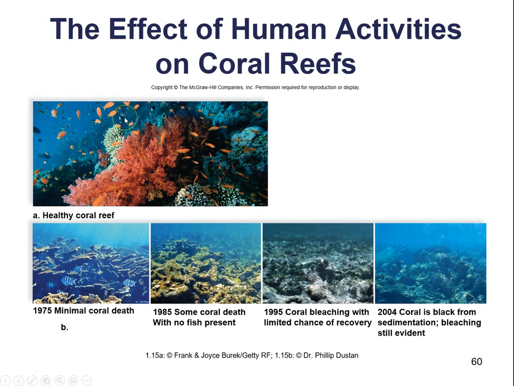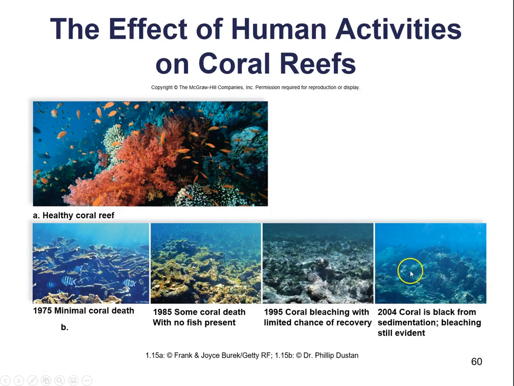And again, due to certain human activities, we can see basically death that occurred over time at the coral reef. And so here, if you look at 1975, it shows minimal coral death. You still see some, although I think maybe this isn't the greatest picture, but anyway, you still see some coral, you still see some colorful fish around, but definitely doesn't look like this.